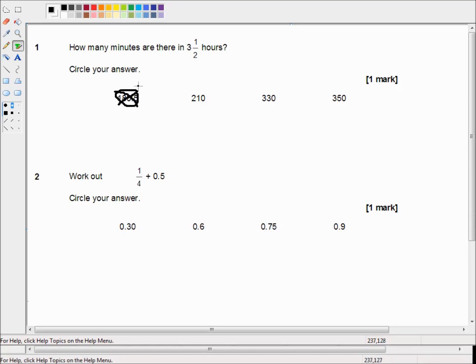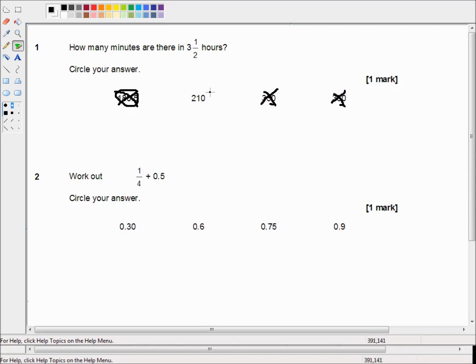Another thing you might think is, well, half an hour is 30 minutes, and this has a 30 on the end. Again, that would be the wrong answer. And another one is that a half of 100 is 50, and this says 50, so you might guess this. Again, that would be wrong.